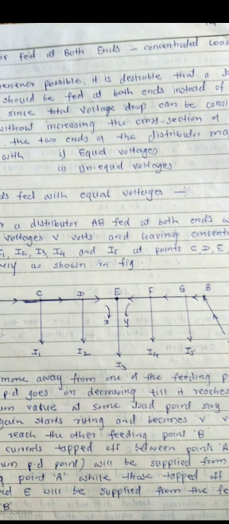All the currents tapped off between point A and E, that is the minimum potential point, will be supplied from the feeding point A, while those tapped off between B and E will be supplied from the feeding point B.